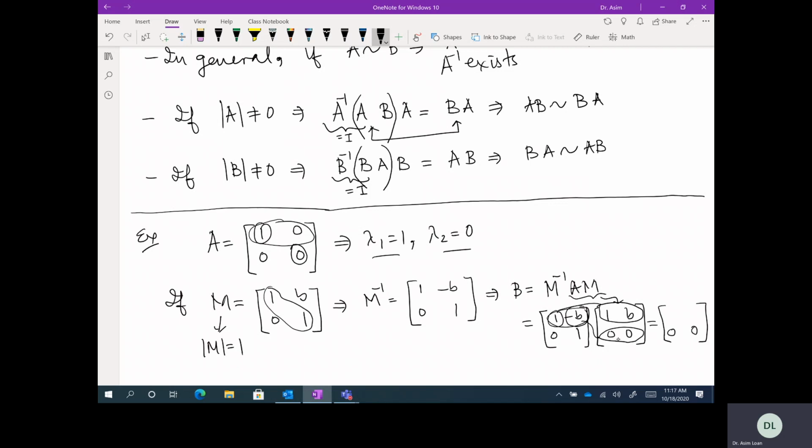There is no contribution from the second row, so all I get is the first row, which is 1 and b. Okay, and what are the eigenvalues here? 1 and 0. So lambda 1 is 1 and lambda 2 is 0. Same eigenvalues as in this case.